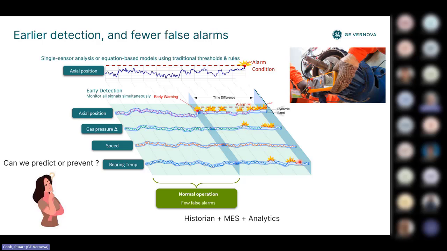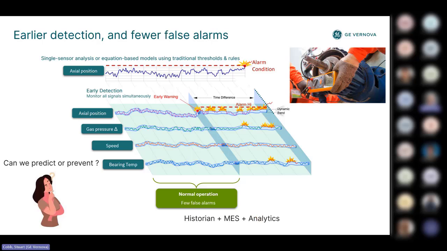You might start seeing other indicators across these other variables that give you additional information and context that tell you, hey, there might be a problem, and gives you this time to really go and inspect the equipment, or maybe schedule an outage to do maintenance on the equipment, instead of waiting until we get to an alarm trip where the equipment has already failed or is close to failing.